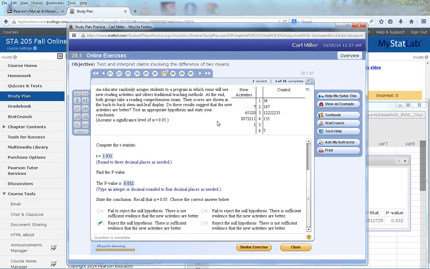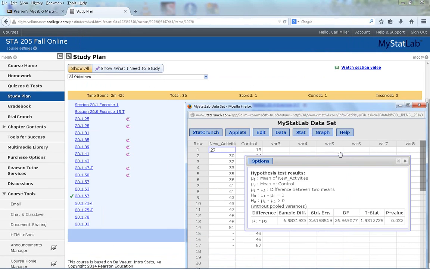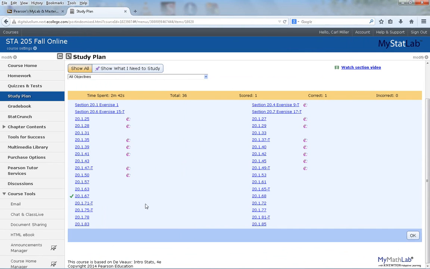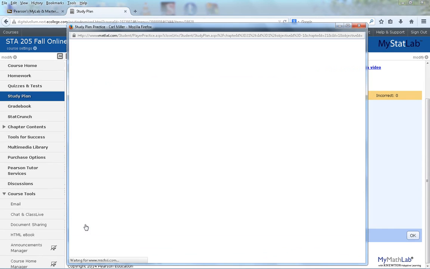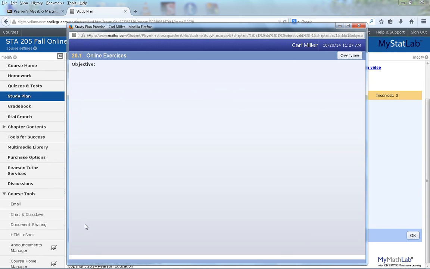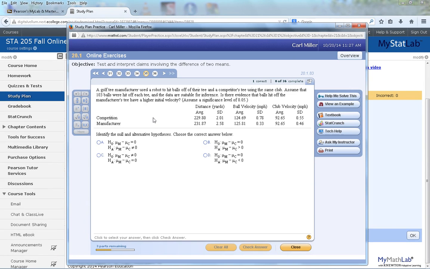Now let's move on to another question. Close out of there. I'll go ahead and leave StatCrunch up, but this time I'm going to do question 83. So it says a golf manufacturer used a robot to hit balls off their tee and off of a competitor's tee using the same club.